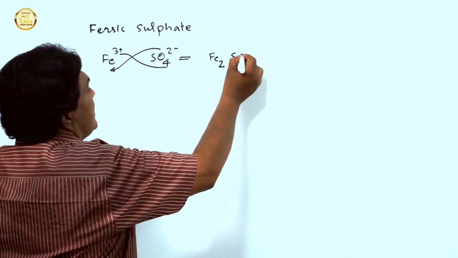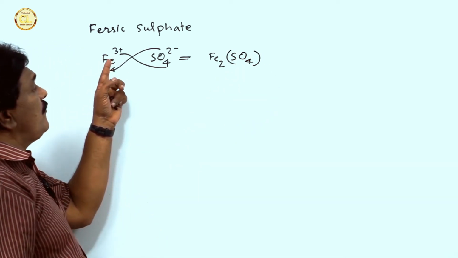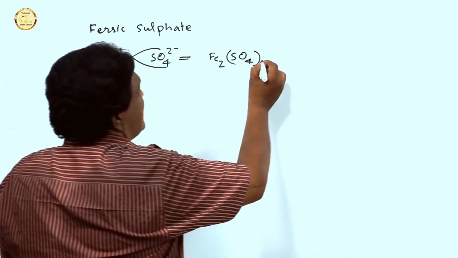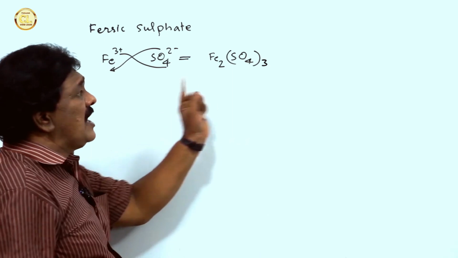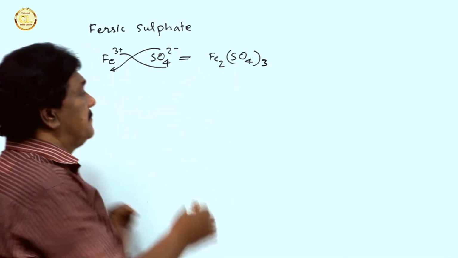Fe2. And SO4 gets the subscript of the charge of iron, that is 3. So we get Fe2(SO4)3. Crossing their valencies, we get the formula.